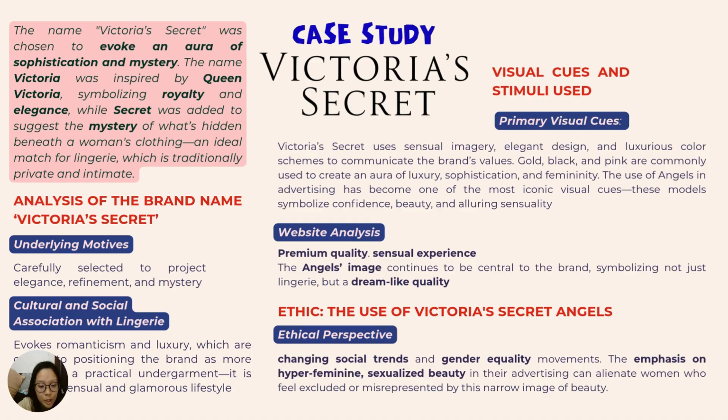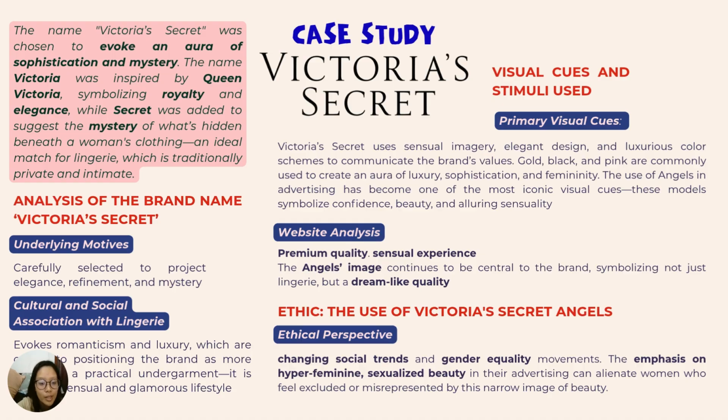And Victoria's Secret's journey highlights the importance of adapting visual stimuli to consumer needs, both in terms of aesthetic appeal and ethical values, to ensure long-term success in the ever-changing marketplace. Because the portrayal of the Victoria's Secret angel has garnered criticism in the context of changing social trends and the gender equality movement, and the emphasis on hyper-feminine, sexualized beauty in advertising can alienate women who feel excluded or misrepresented by this narrow image of beauty.